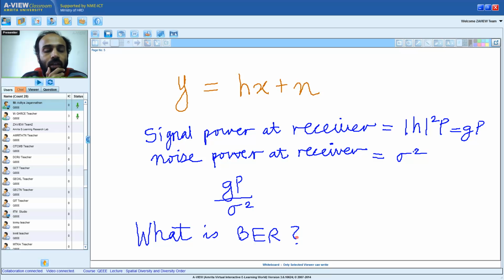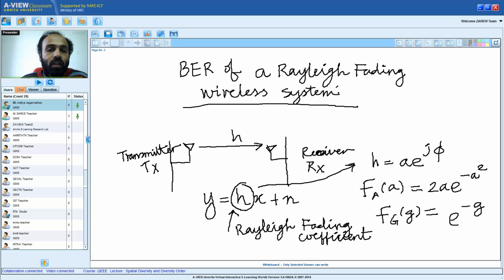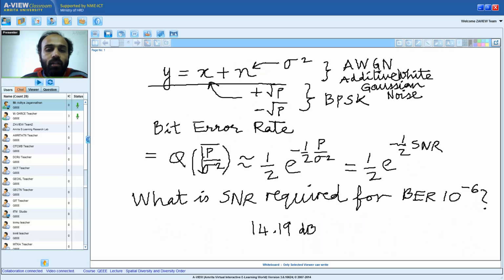What do you think is going to be the probability of bit error for an SNR of GP over sigma square? When we look at the earlier expression we have for an AWGN channel, that is Q square root of P over sigma square.